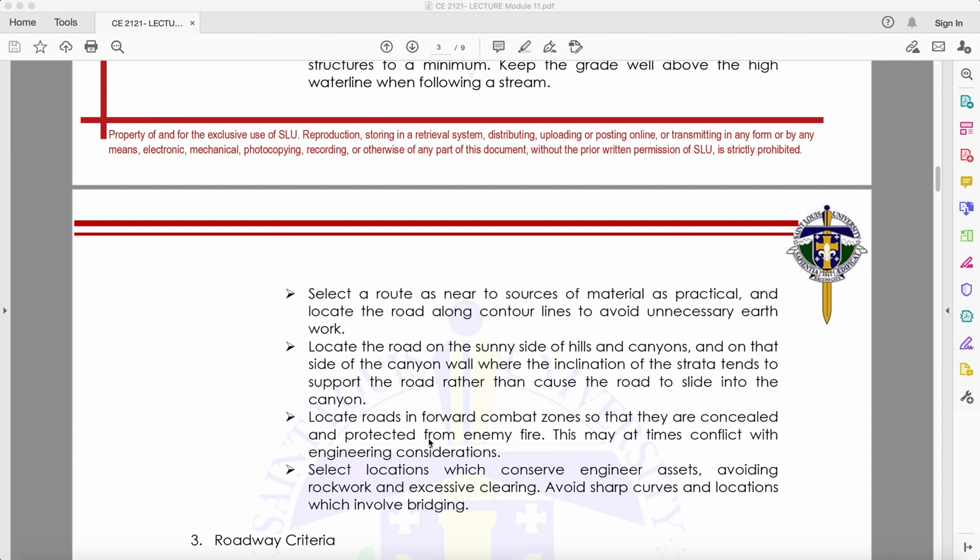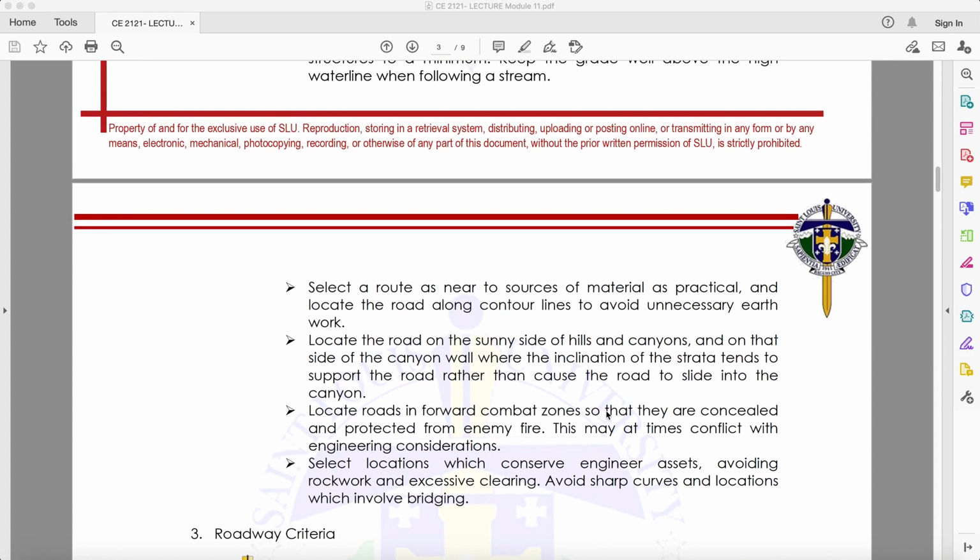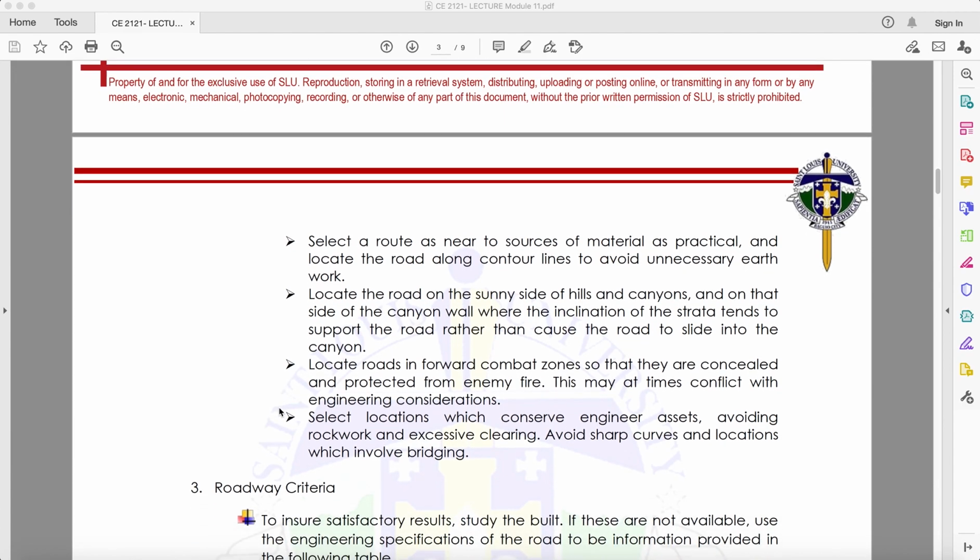Next, locate roads in forward combat zones so that they are concealed and protected from enemy fire. This may at times conflict with engineering considerations. Of course, these are military tactics that need to be considered for national security purposes.